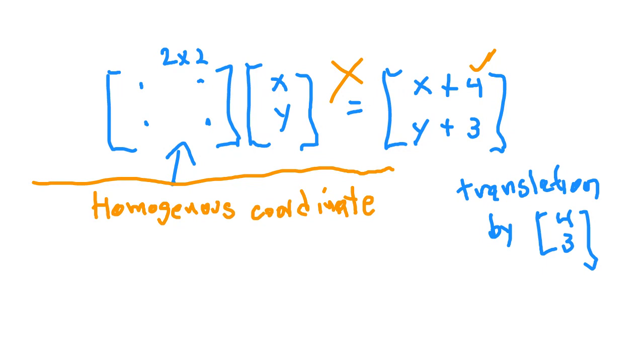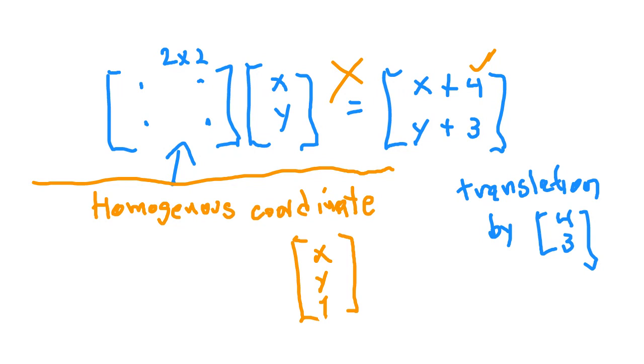So what you have to do is represent the coordinate in two-dimensional space by the vector x, y, and 1. The 1 is called a homogeneous coordinate.